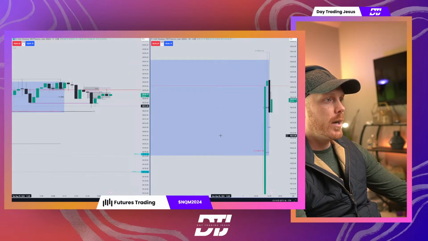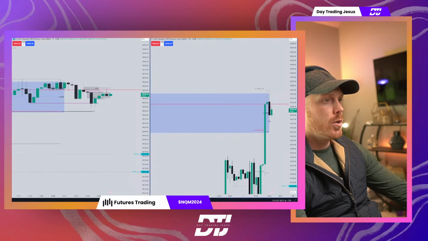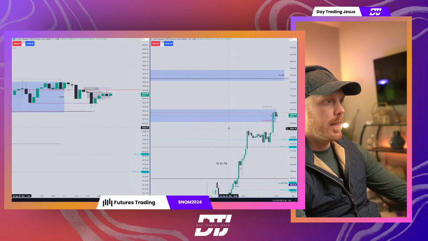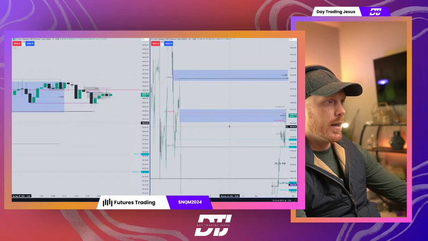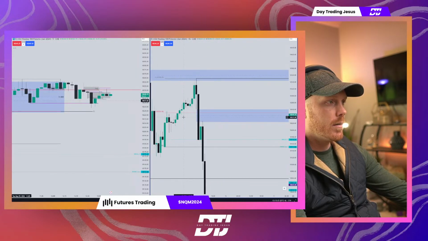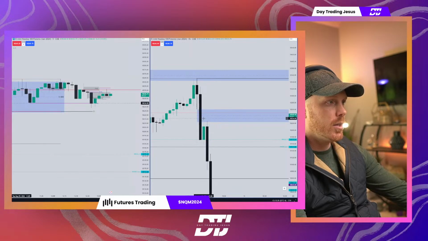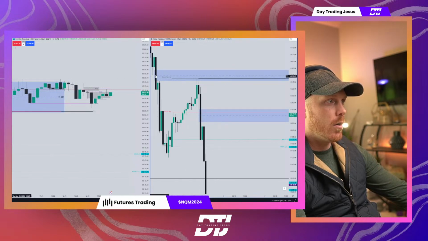I'm going to pull up the 1 hour right here. This is the 1 hour time frame, and this 1 hour fair value gap goes all the way over here. See this low and this high that creates this 1 hour fair value gap. The reason why I think it potentially could go higher is we have another 1 hour fair value gap and buy stops.